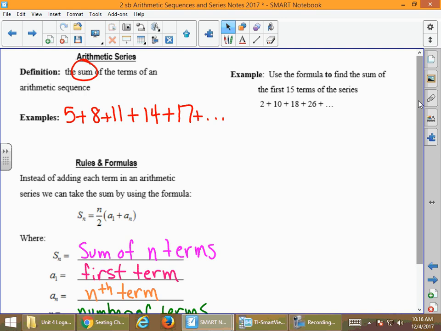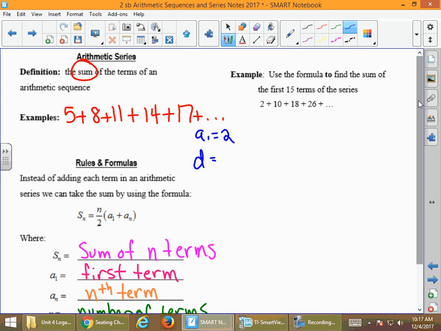If we take a look at what information we know in this problem, we know that A sub 1 is 2. And we can figure out our common difference.